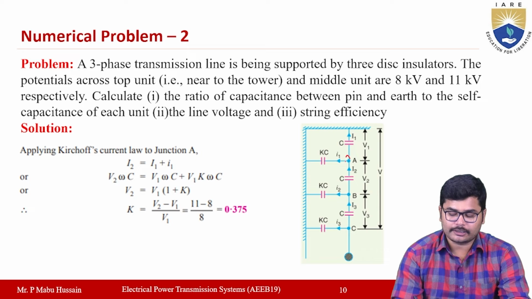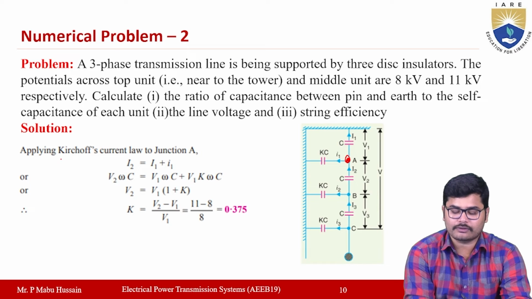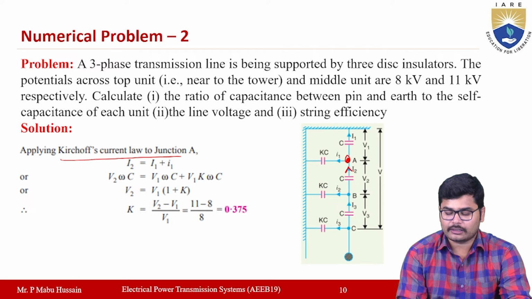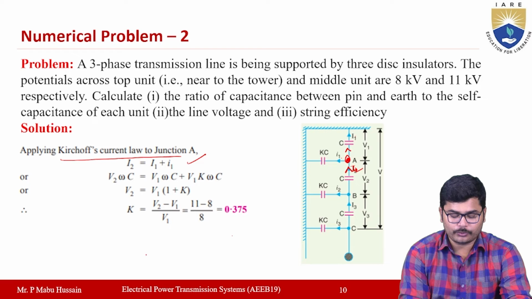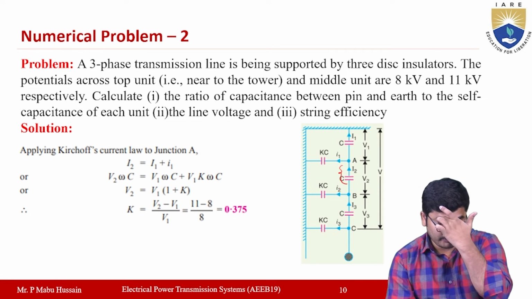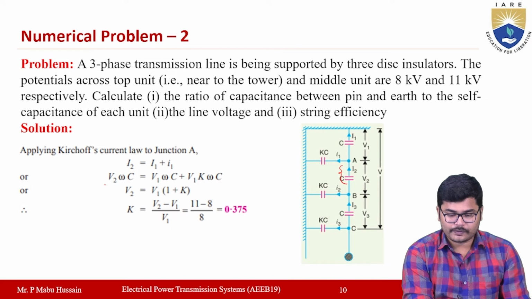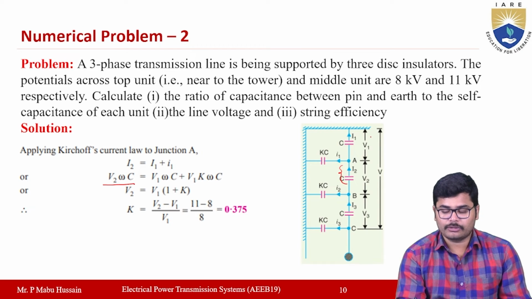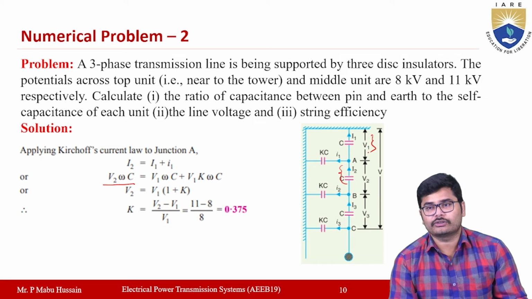At junction A, again we are writing Kirchhoff's current law. When you write it, capital I2 will be equal to capital I1 plus small i1. The value of I2 in terms of voltage: the voltage across this disk is V2, so I2 can be written as V2 into omega C, which is equal to I1, the current flowing through this disk.